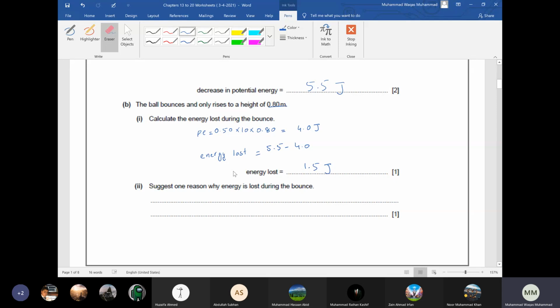So you can say the internal energy of the ball, or the internal energy of the ground increases, right? Got it or not? Understood, beta? Yes, sir, understood.